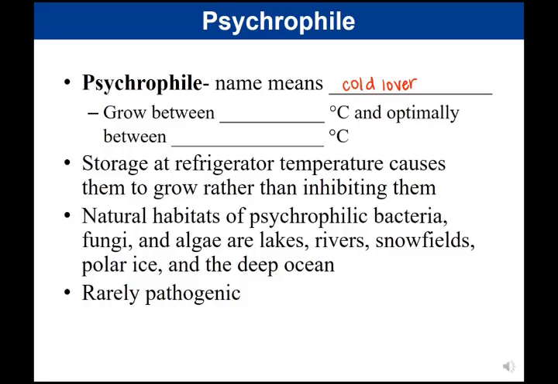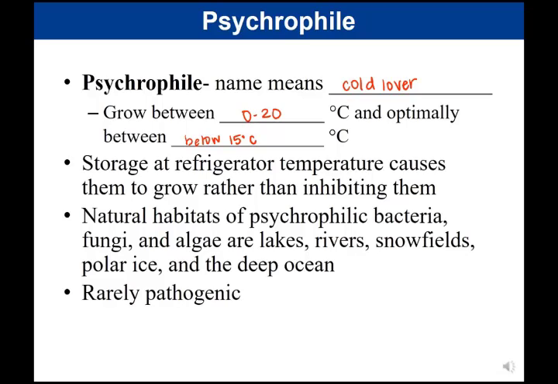So these are organisms that love the cold, and they grow typically between 0 and 20 degrees Celsius, and optimally below 15 degrees Celsius. So usually they grow between 0 and 20, but optimally it's not around 20. Optimally would be below 15. So right around there.